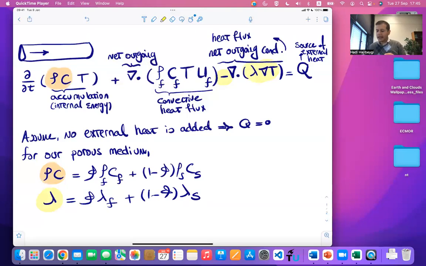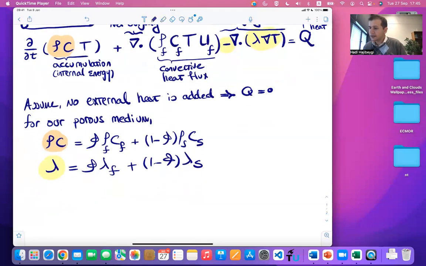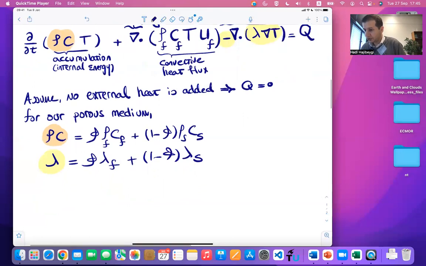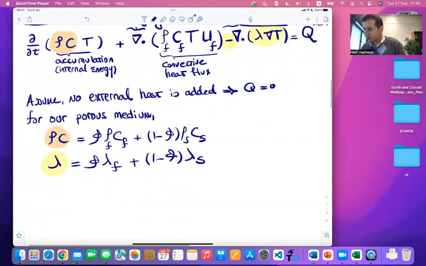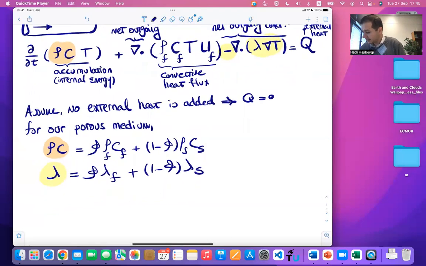And I can now rewrite the equation that I have written up here into a cluster equation, plugging in all these terms. What I'm going to do is put the equation assuming that rho C is constant.